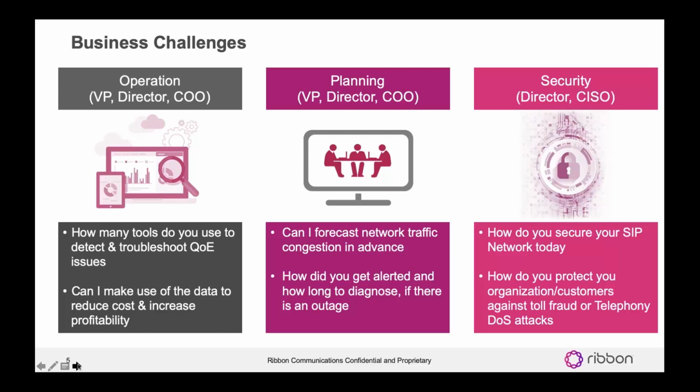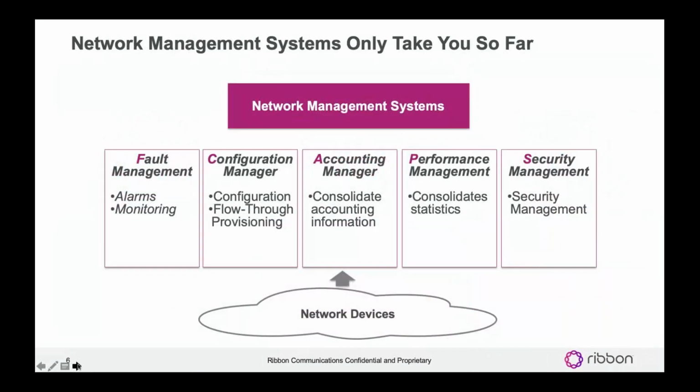And so you need to be able to get that type of information and be able to digest it to figure out where those problems are. So a lot of insurmountable challenges come with that. And this is where your typical network management systems, your element management systems, really only take you so far.